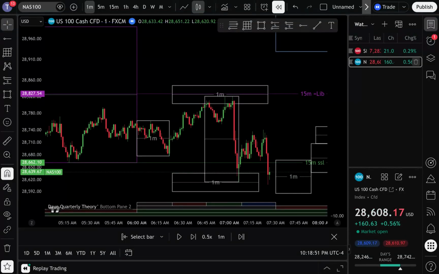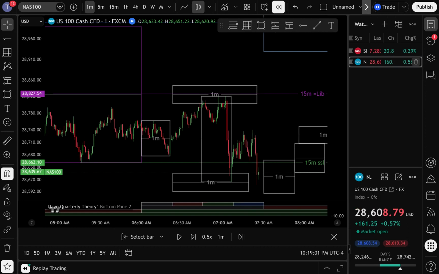Now for the second setup, which is a liquidity grab 1 minute reversal. We grabbing liquidity. We come to Q3. Now we're looking for a 5 second box to tell us that we can enter to go lower.